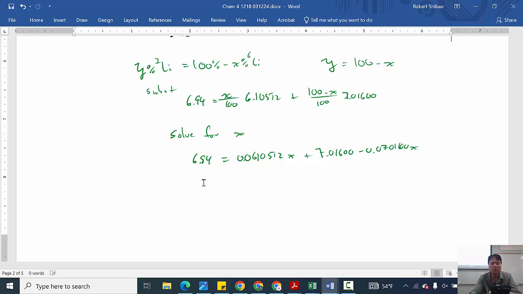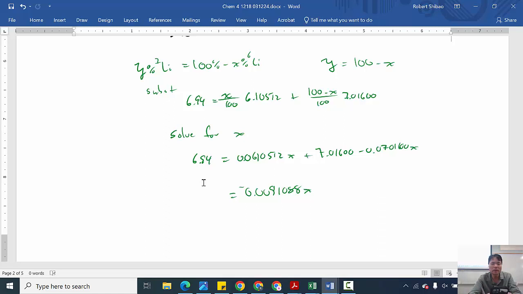0.0610512 minus 0.07016 minus 0.0091088x, and then I'm going to subtract that from both sides.